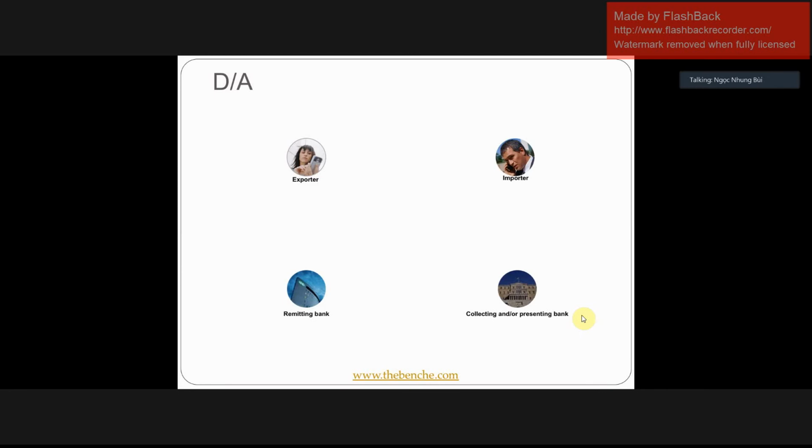I think that the group has a nice slide and a nice presentation. So my question is, whether the interest rate can be one of the risks for the remitting bank in collecting the money if the exchange rate changes, so how will they deal with it?